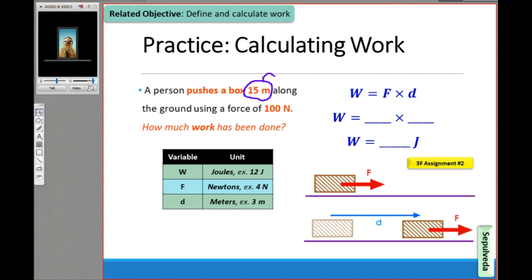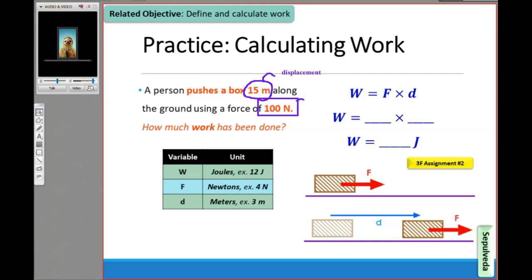Now, looking at 100 newtons, obviously looking at our units here, what am I talking about? Am I talking about work or force here? Good, yes, nice. Yes, I am looking at force, okay? This would be force in our problem. So now I have two things here.